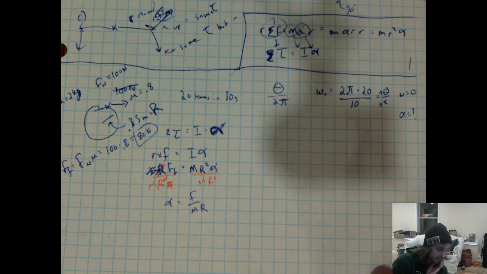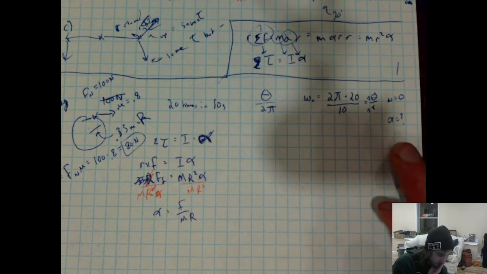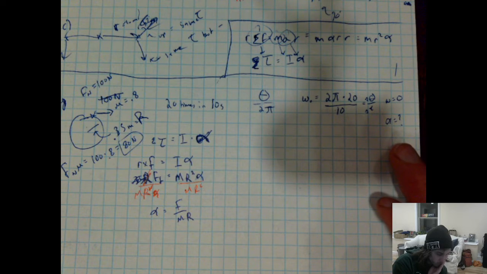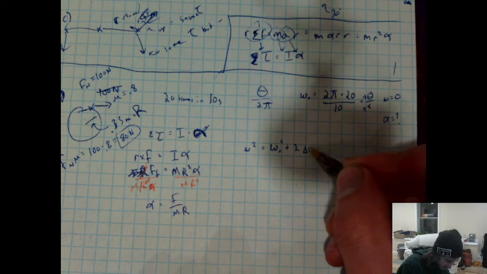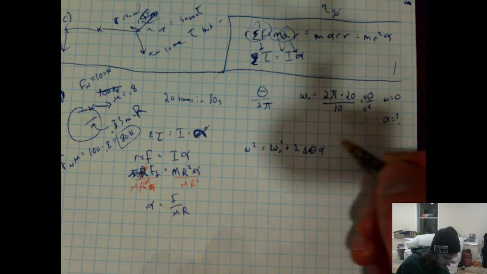Great. If we take that, we now have an equation that we can use where we want final velocity, initial velocity, our acceleration, and our displacement. So we don't want time. That'll give us final velocity squared equals our initial velocity squared plus 2 times our angular displacement times our angular acceleration.